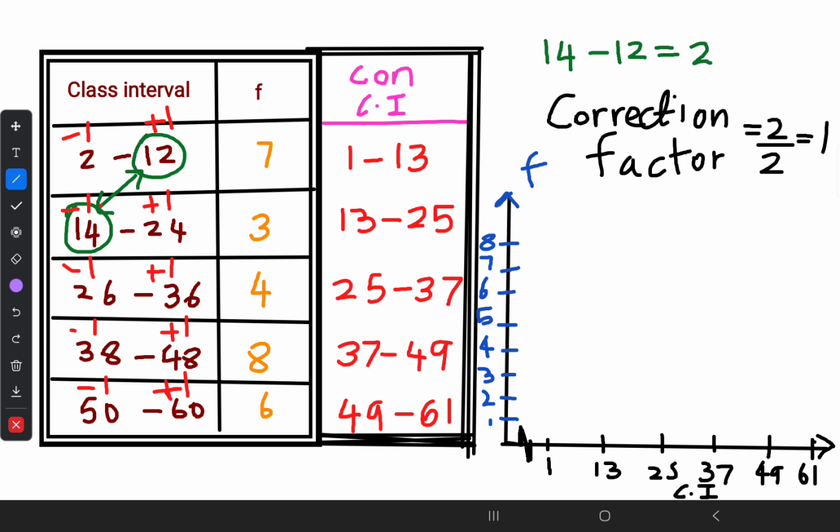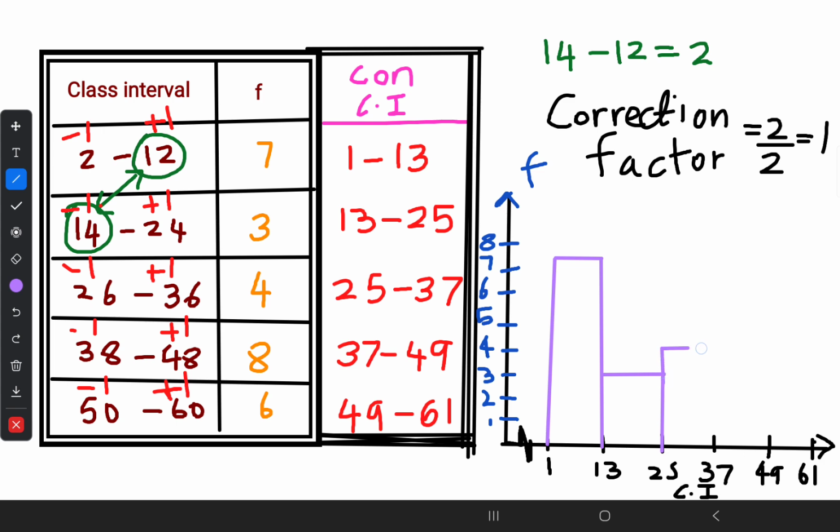For 1 to 13, the height of the column would be 7. The second column would be 13 to 25. The frequency is 3. Okay, the third interval frequency is 4.